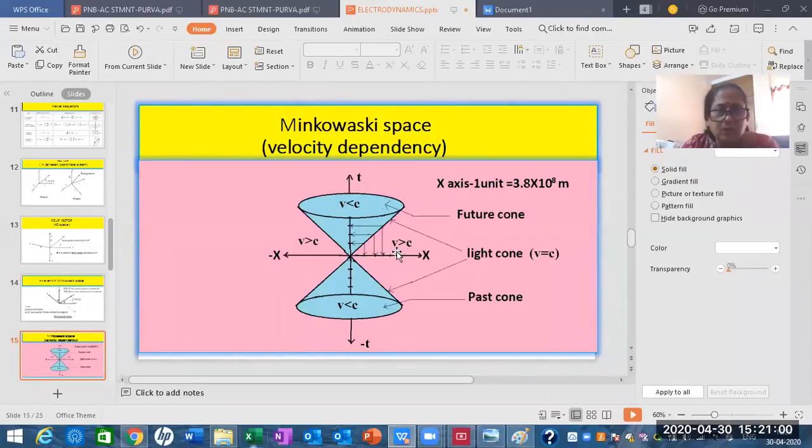In the light cone, this is the portion where velocity is greater than c, this is the boundary where v is equal to c, and this blue cone is the space which has velocity less than c. If you are trying to observe a particle with different velocities, it is seen either here or on this boundary, depending upon the velocity of the particle.